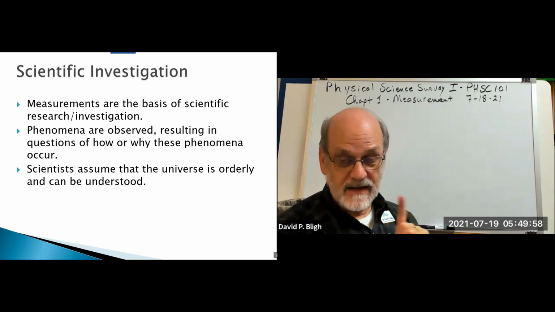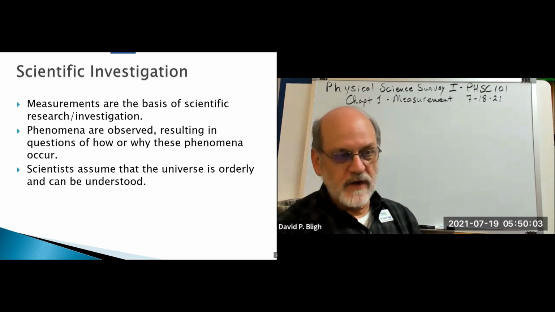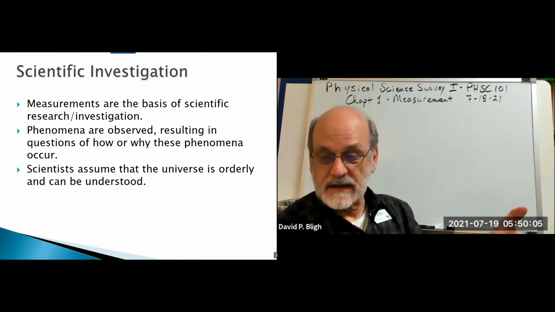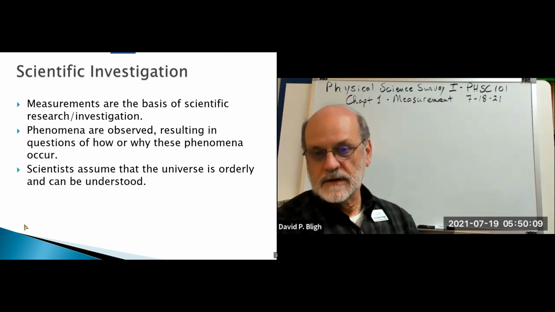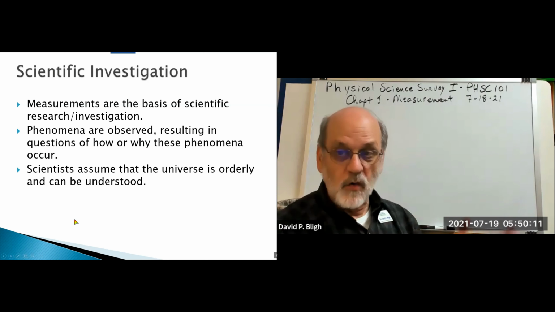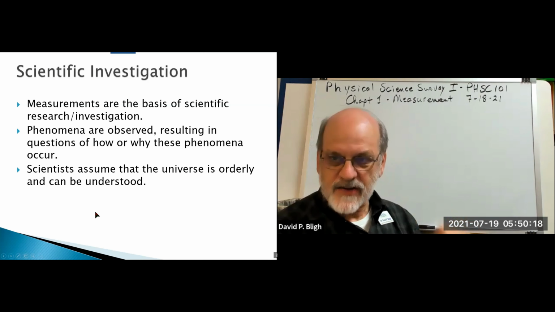If we don't believe that in the beginning, then what's the point? Because you may make an observation or a measurement one second, and two seconds later make the same observation and get different results. And that's no way to gain information, understanding about our universe. It has to be orderly.